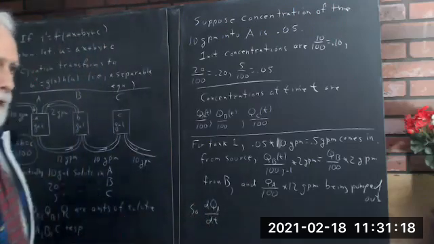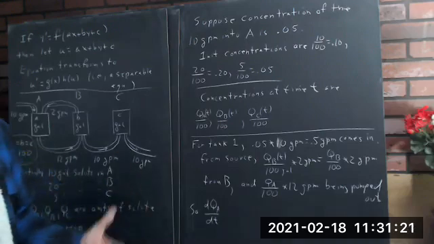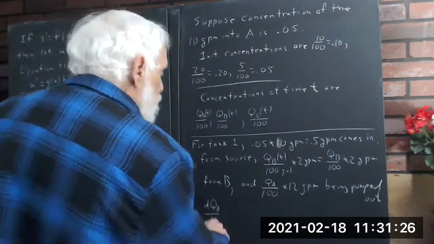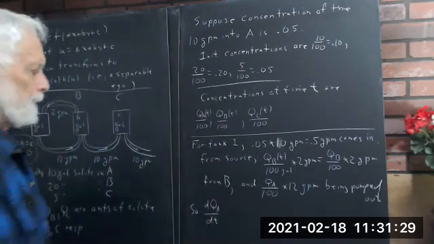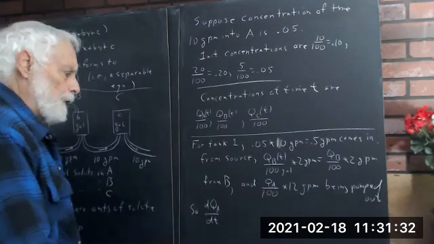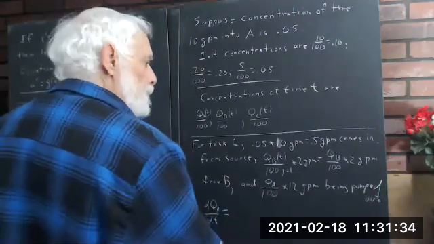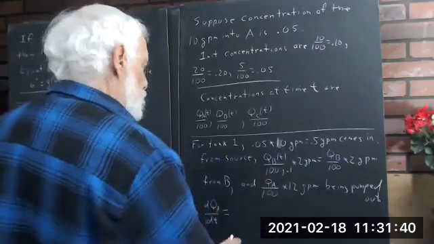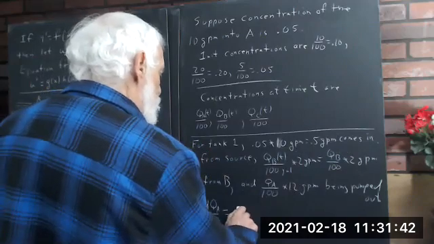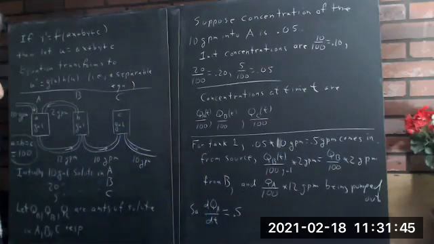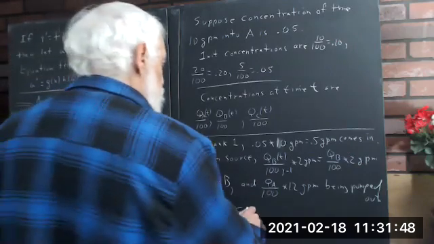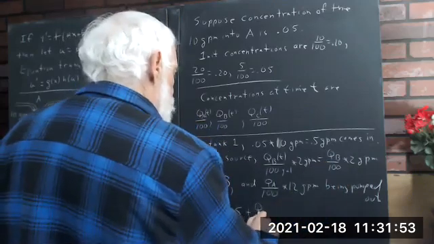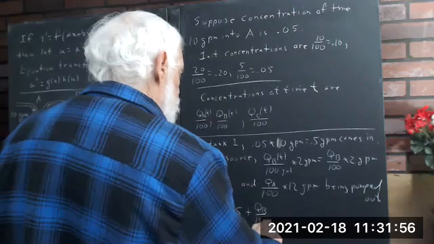Remembering QA is a function of time, because obviously in this situation, this concentration is continuously changing, and the rate at which it's changing is continuously changing. So we have the rate at which the concentration is changing is 0.5 gallons per minute from the source, plus QB over 100 times 2, and I'm going to write it out that way, even though, of course, we can simplify the numbers.